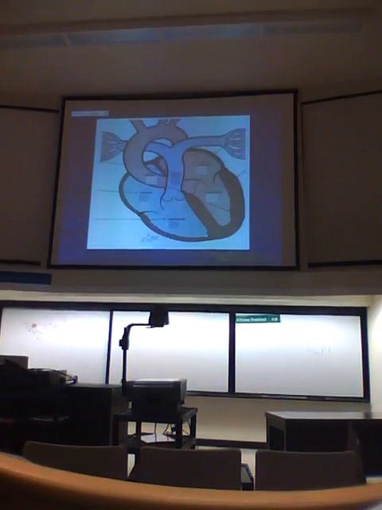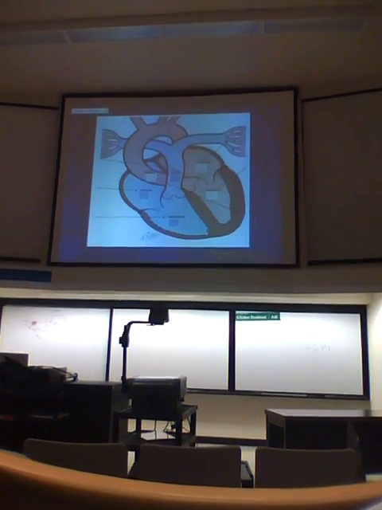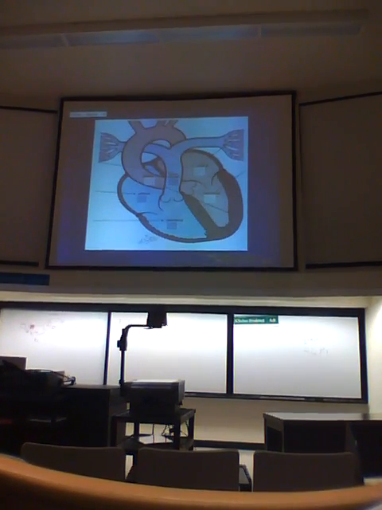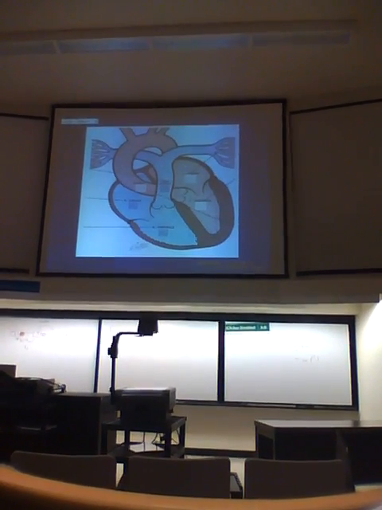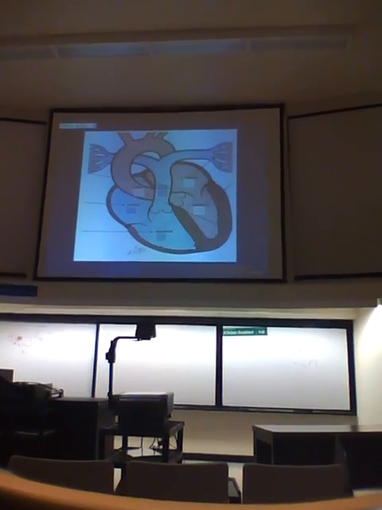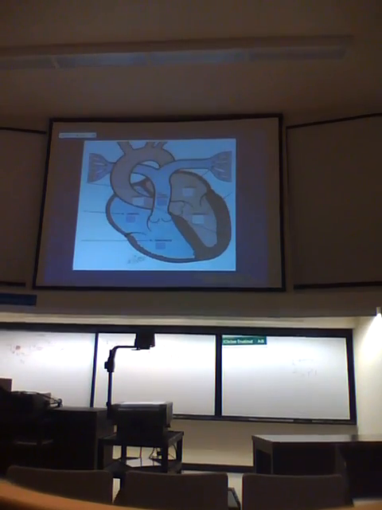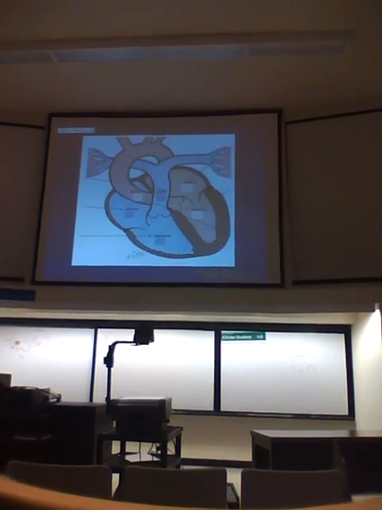And that's called preload. And you can measure it several different ways, or indicate it several different ways. So basically, for the left ventricle, it depends on the pressure in the atrium just before the ventricle starts to contract.